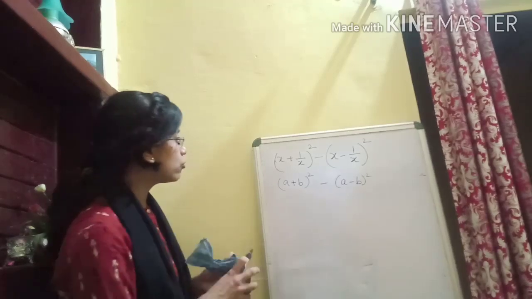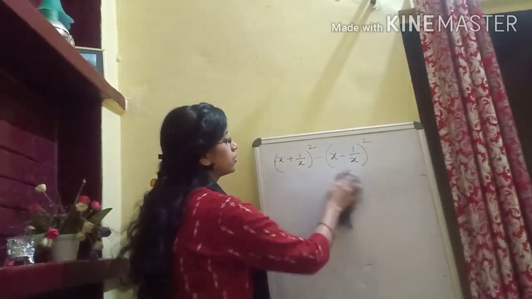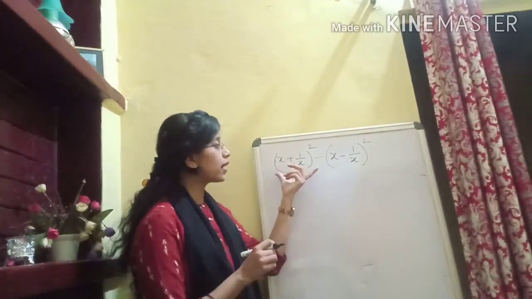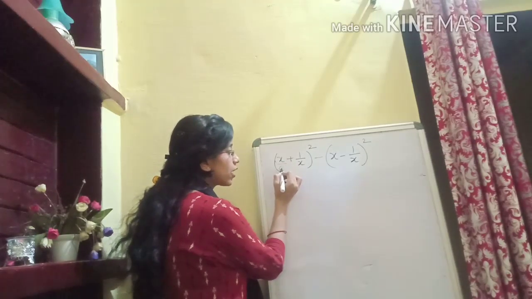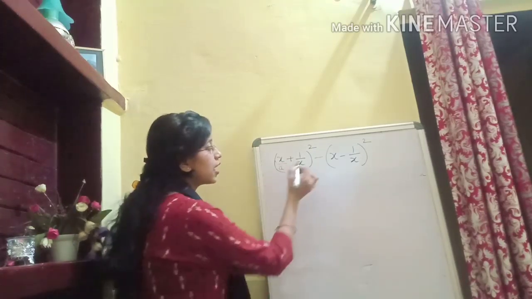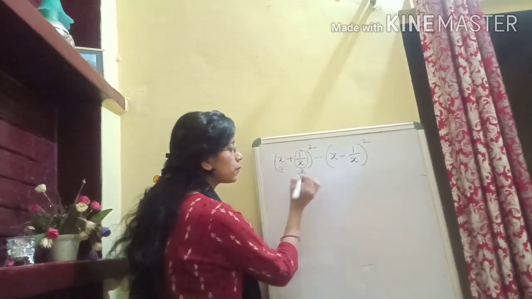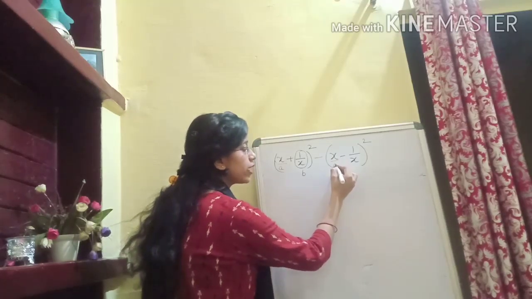So if I apply the identity here, what is at the place of a? It is x, and what is at the place of b? It is 1/x. Similarly here, what is at the place of a?